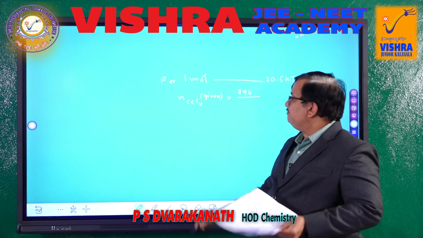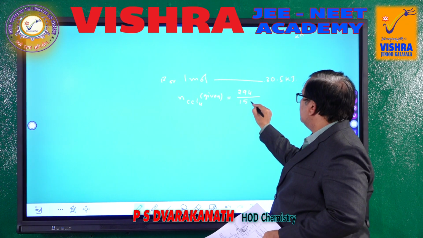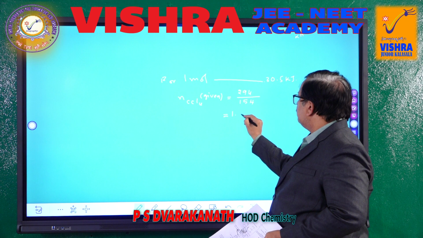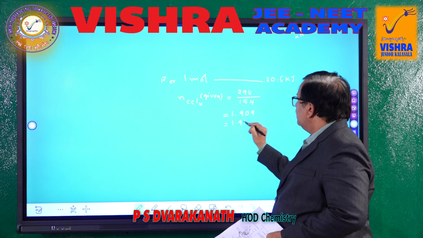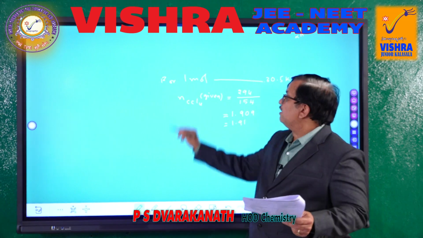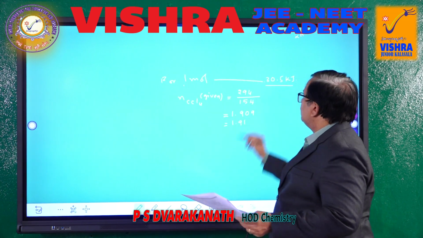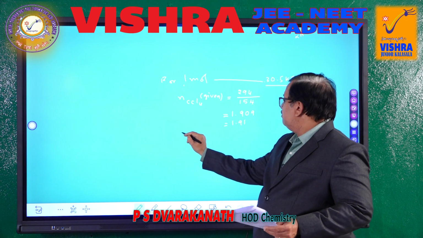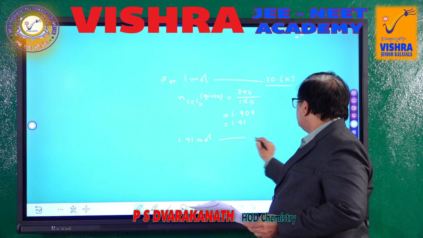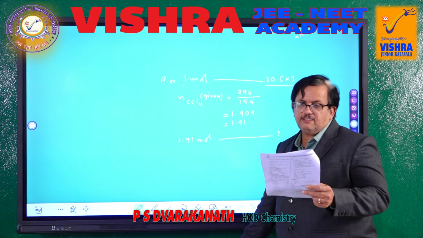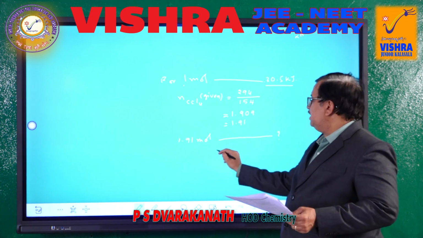Here 154 is the molar mass. Then you will get 1.909, that is 1.91 is the number of moles. For 1 mole, 30.5 kilojoules, then for 1.91 moles, how much is it?